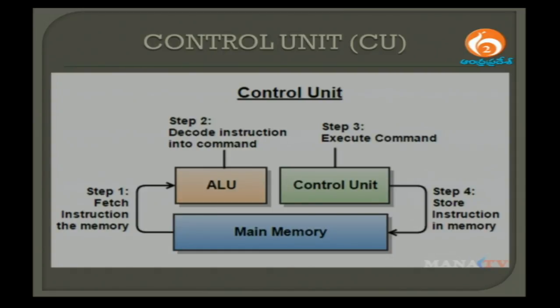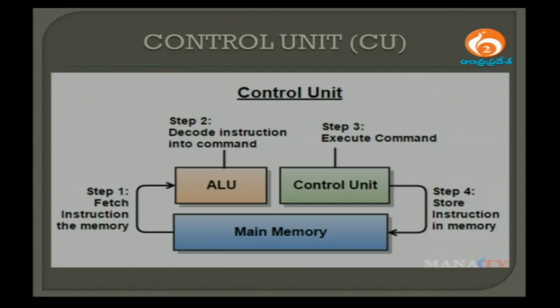Step 3, execute the command, which happens through the control unit. Step 4, store instruction in the memory. So I think now you have the basic idea about what the control unit does.